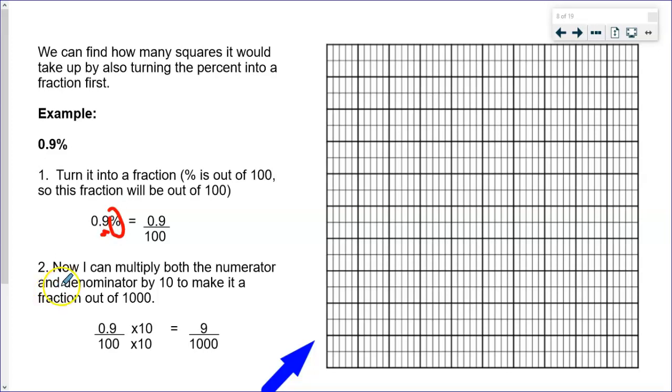Now you multiply both the denominator and numerator by 10, and we make it out of 1,000, because now we get a whole number here, and this is our thousandths grid, so we would color in 9 of these. Forgive my coloring. Okay, so 0.9 of this 1,000. All these little tiny squares add up to 1,000.